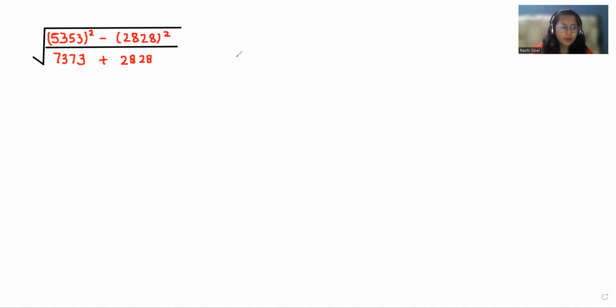So first I am taking the numerator part and here I am going to use the identity a square minus b square equals (a plus b) times (a minus b).